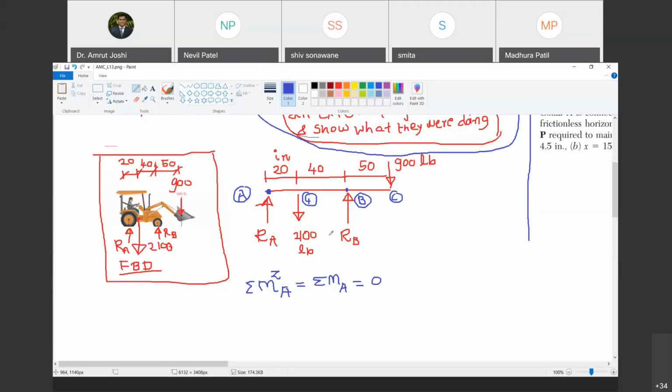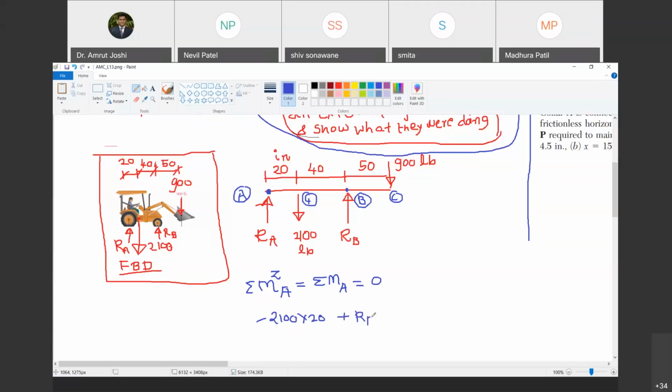use. So can you tell me what is the moment of 2100 LB about A? Minus 2100 into 20. Very good. Because it is clockwise. 2100 into 20. Now, what is the moment of RB about A? Plus RB into 60.